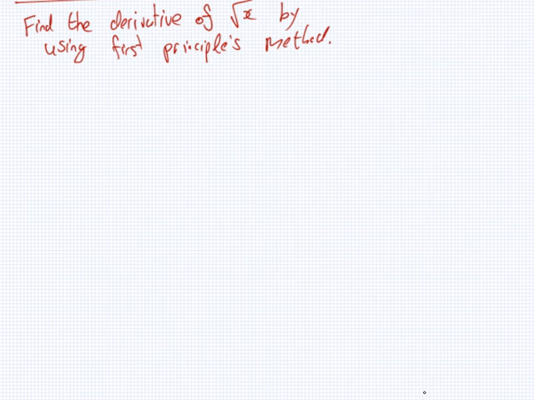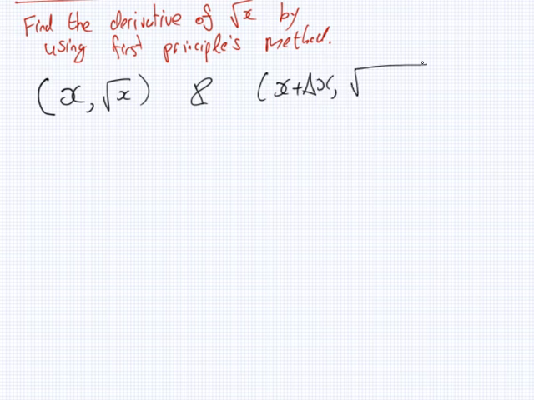So, the first point is x, root x. And the second point is x plus delta x and root x plus delta x.